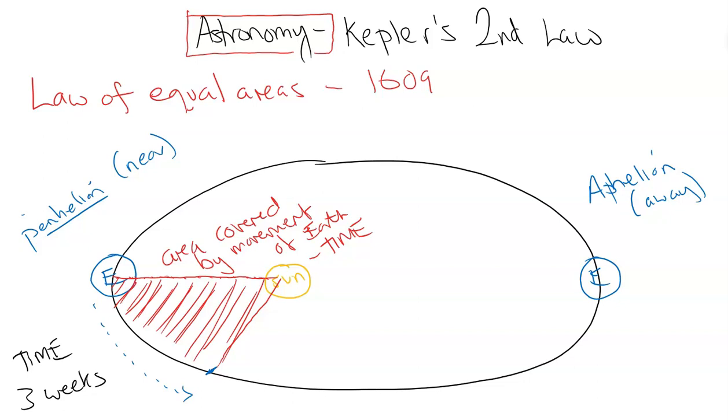Now, if we take Earth at the perihelion, when it's far away, because you've got a much greater, I'll just do the triangle in green, you've got a much greater distance from the Earth to the sun. And over the same time period, say 3 weeks, the Earth isn't going to move as far.